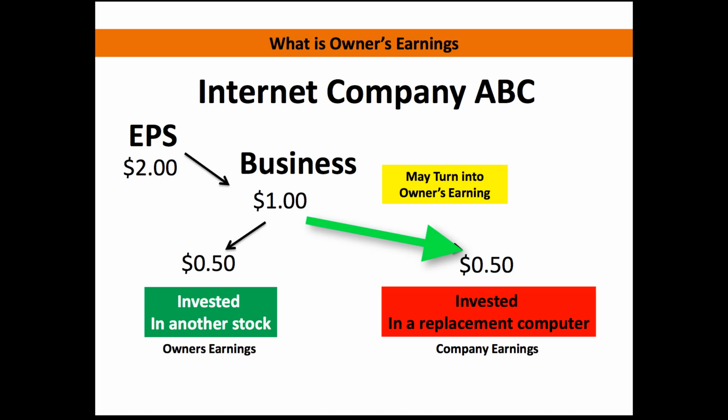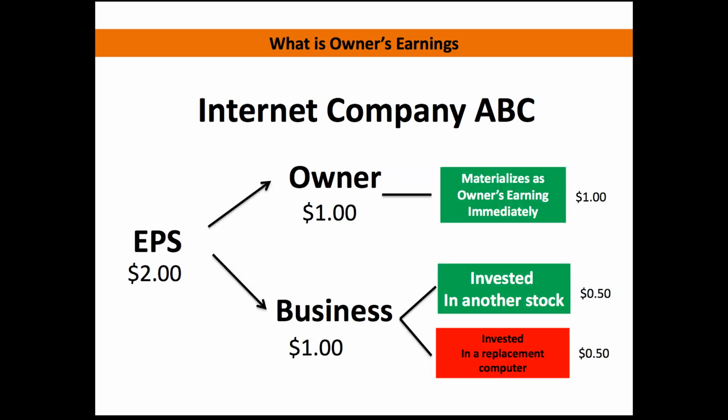That computer was then replaced with a new computer that they bought with this 50 cents of the share. The new computer replaces the old computer on the balance sheet, and that didn't add any more money onto the book value. So as far as we're concerned, it's almost like that money disappeared as we look at earnings per share and how it didn't materialize into more book value growth.